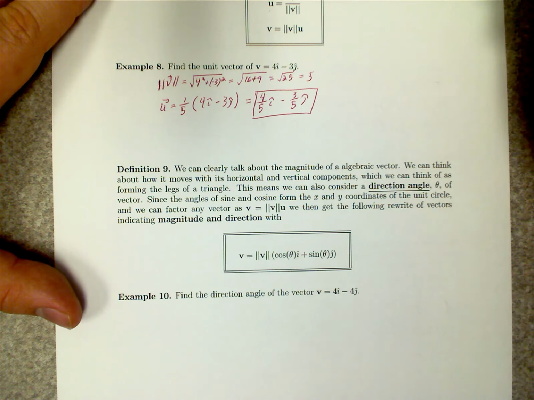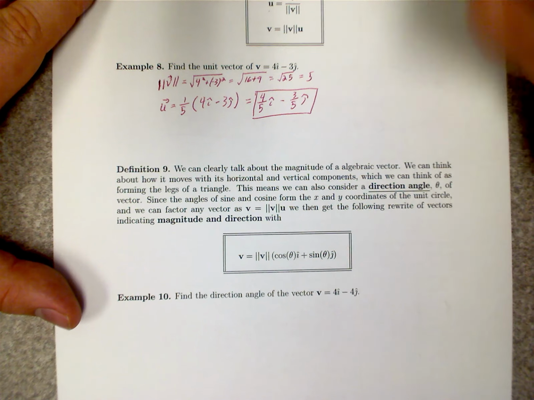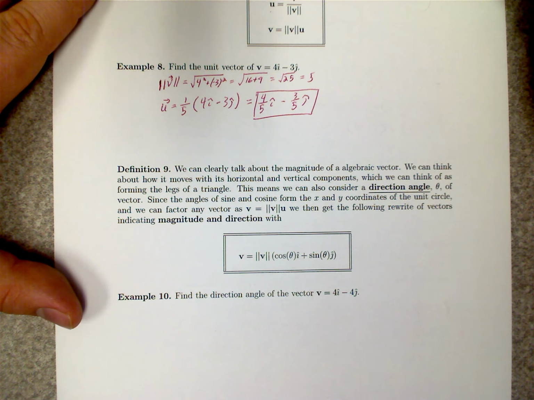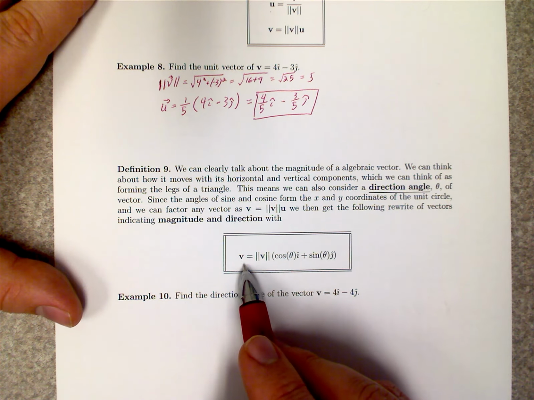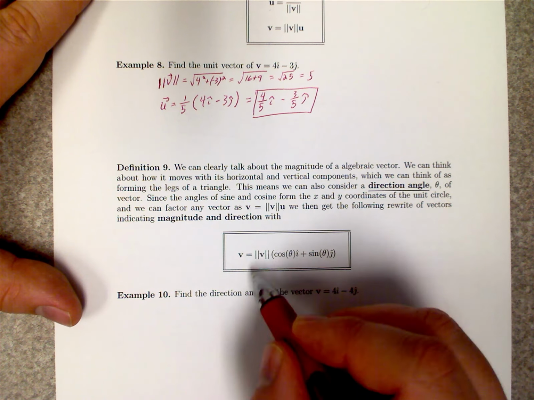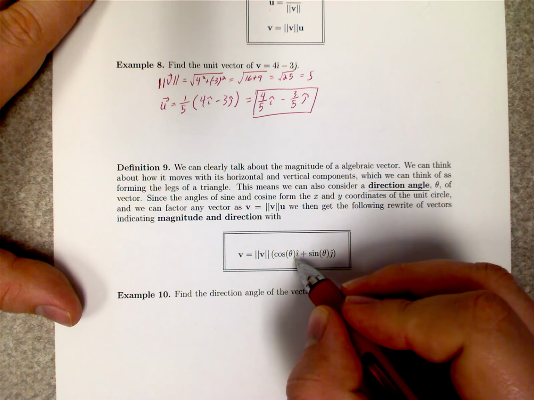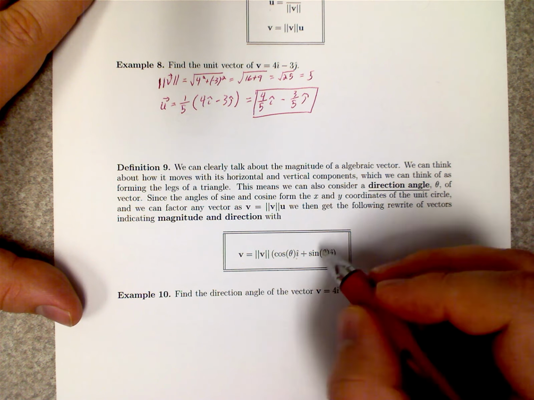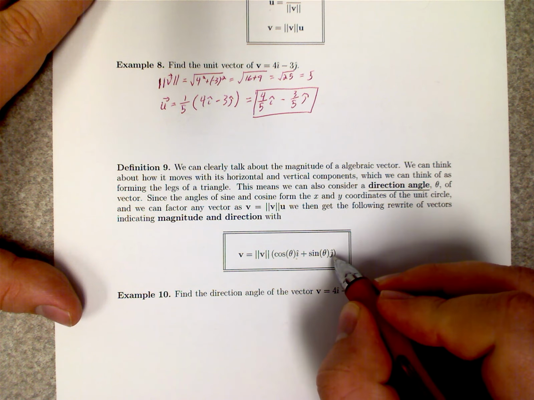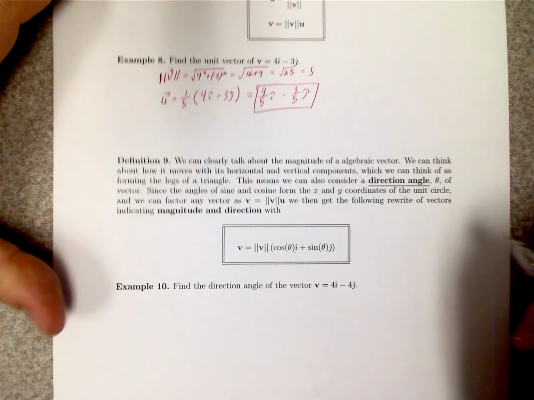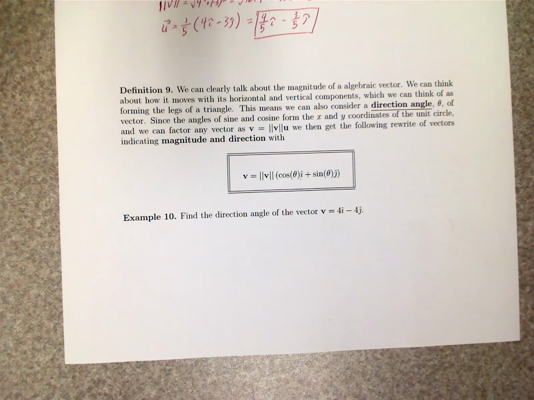So we get a magnitude and a direction, and the thought is complete with what a vector is. We can rewrite basically every vector as the magnitude times cosine theta for the horizontal component plus sine theta for the vertical component.